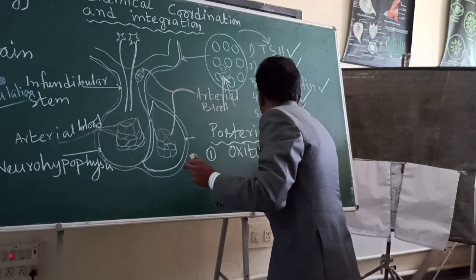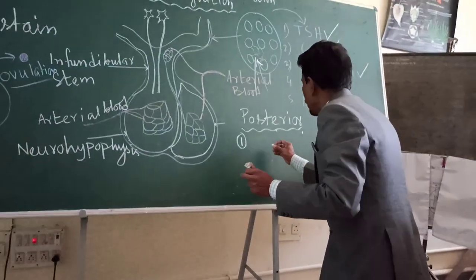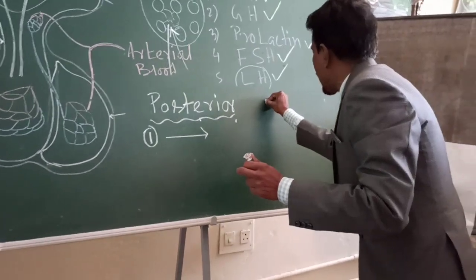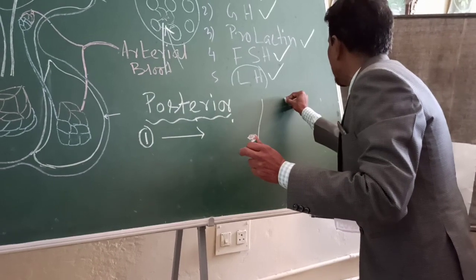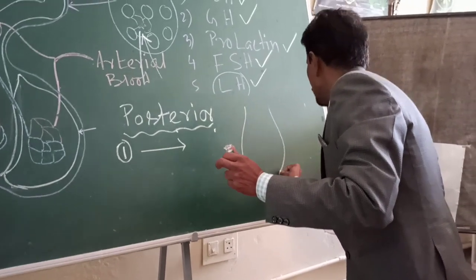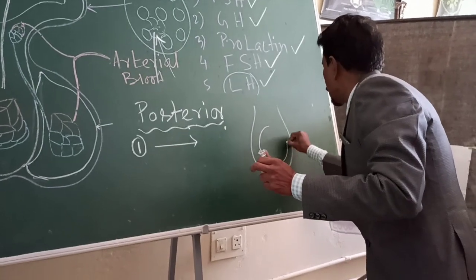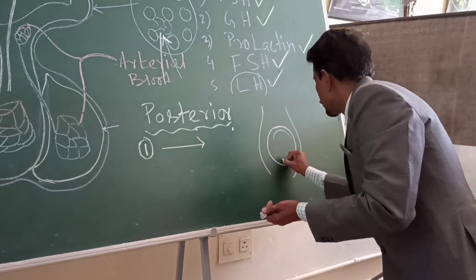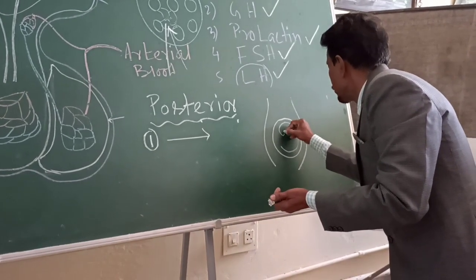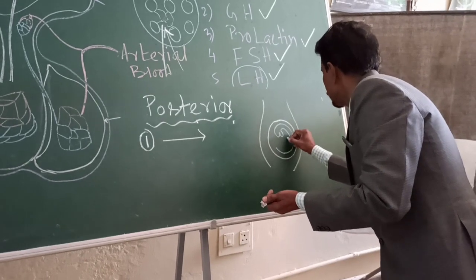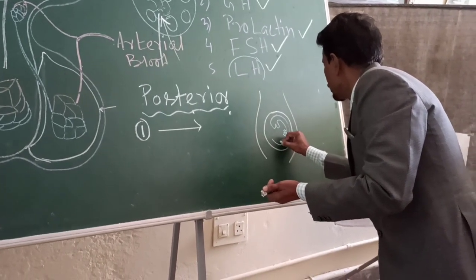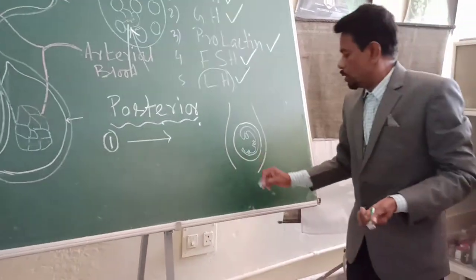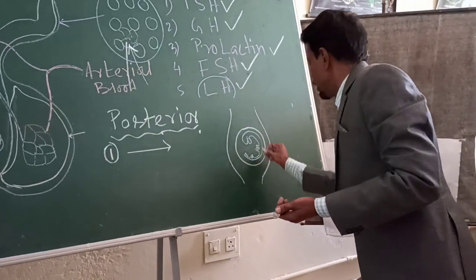The role is very, very important. When a mother is carrying a baby within her uterus, the baby is growing within the mother's womb. This is the embryo. Now the baby is growing.